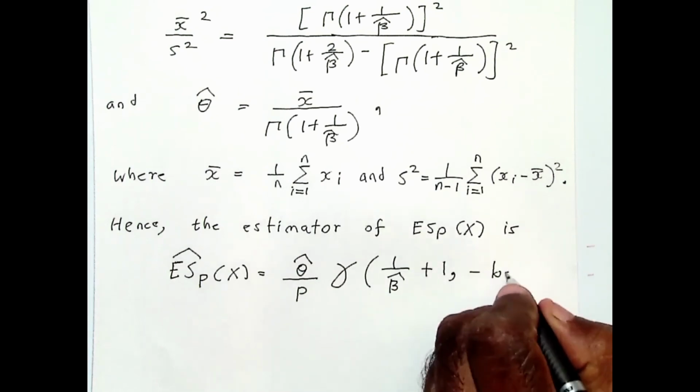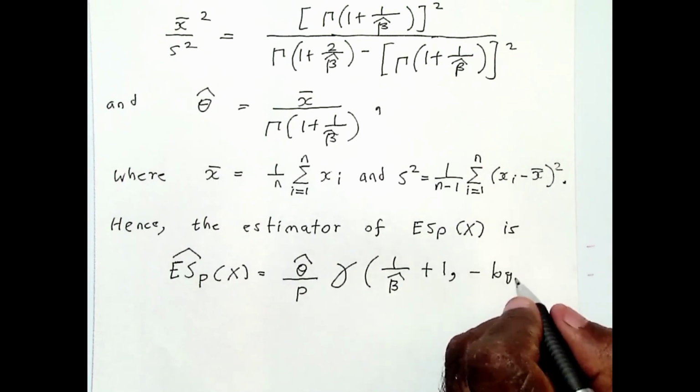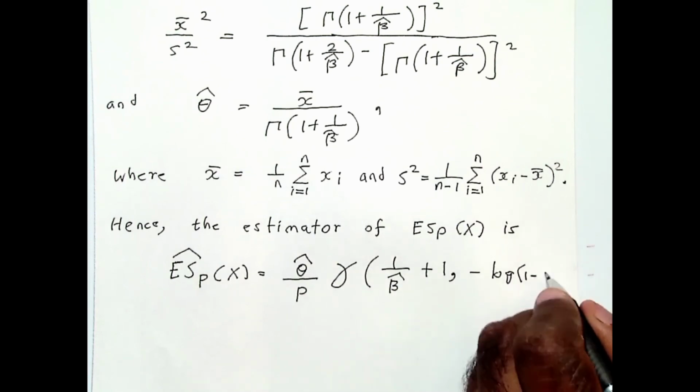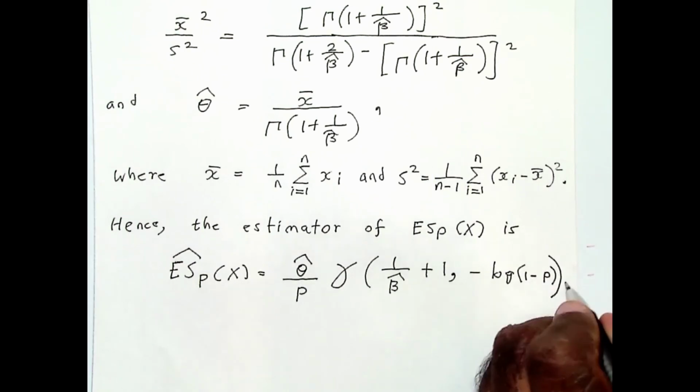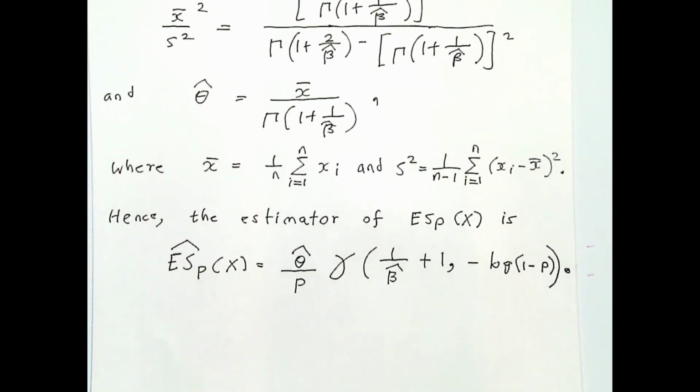So I'm just simply replacing theta by theta hat and beta by beta hat. All right, so this completes the Weibull distribution method and also completes parametric estimation of expected shortfall. In the next video, I shall talk about non-parametric estimation of expected shortfall.